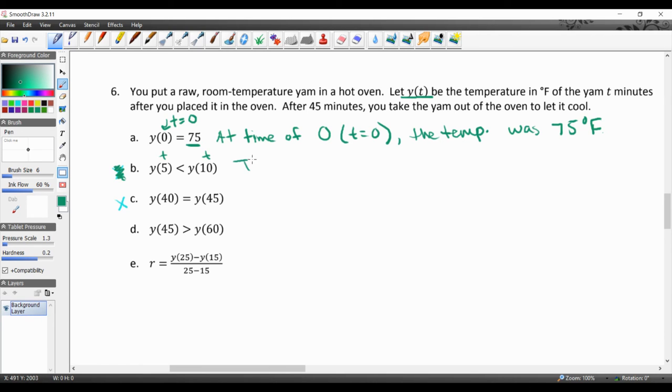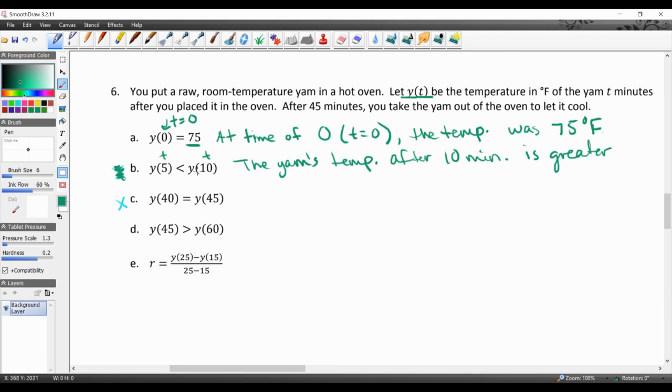We can say that the yam's temperature, and I keep forgetting to mention the yam, but the yam's temperature after 10 minutes, and I'm not writing the whole word because of the time here, is greater than the yam's temperature after 5 minutes. I'm kind of going backwards here.